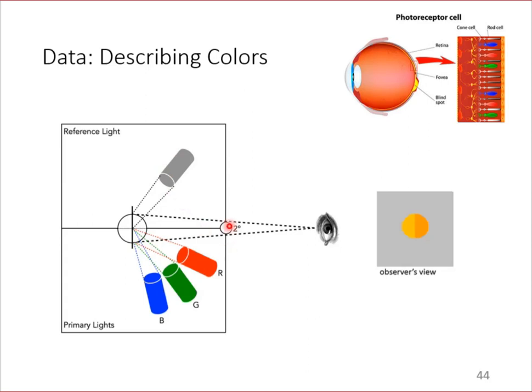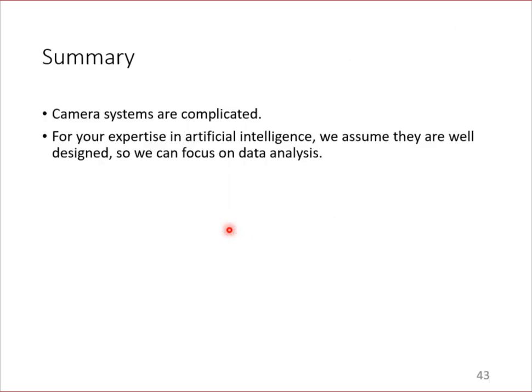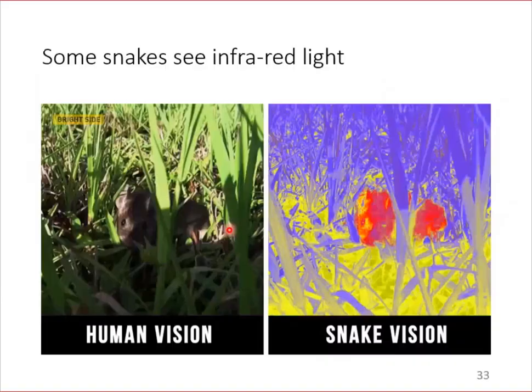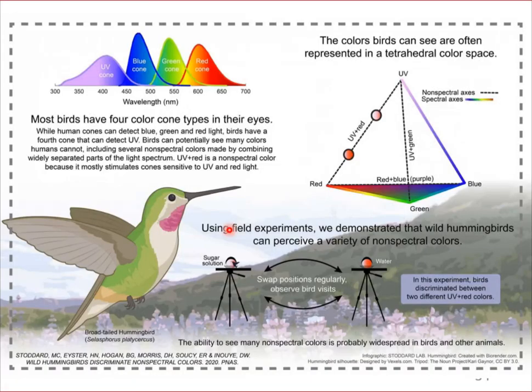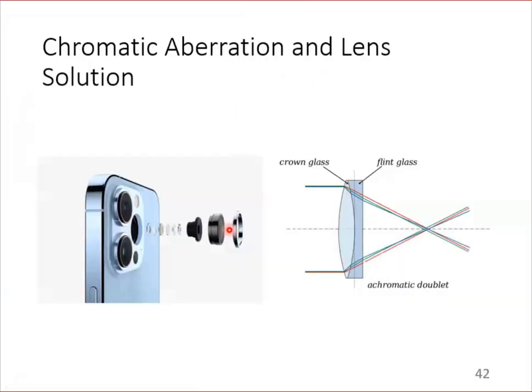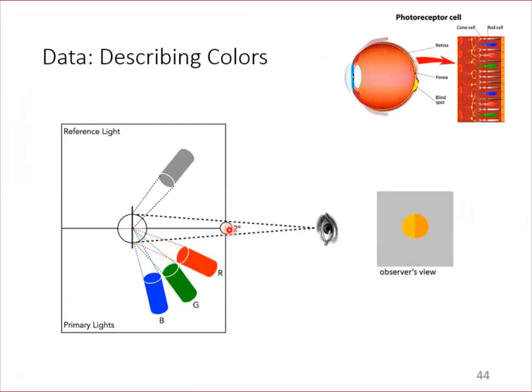The viewing angle is very narrow, only 2 degrees. The reason is that when you see too much light, all of it will be processed by our brain and our neural system, so the experiment would not be accurate.